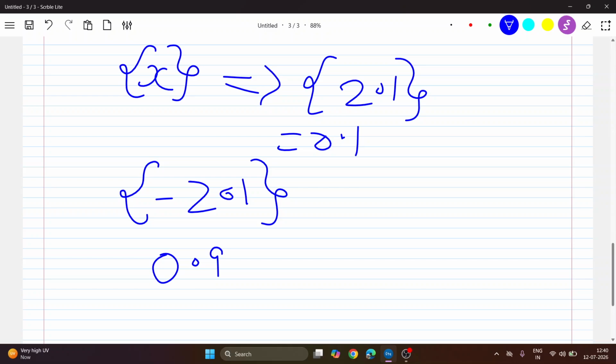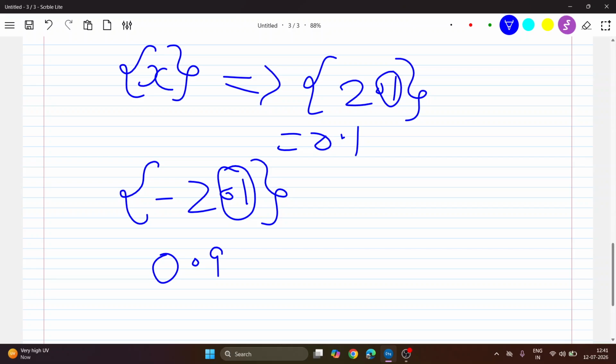If it's negative, you do 1 minus the decimal value. Here you see only the decimal value. Here you see 1 minus 0.1, which is 0.9. I guess this makes sense for you.